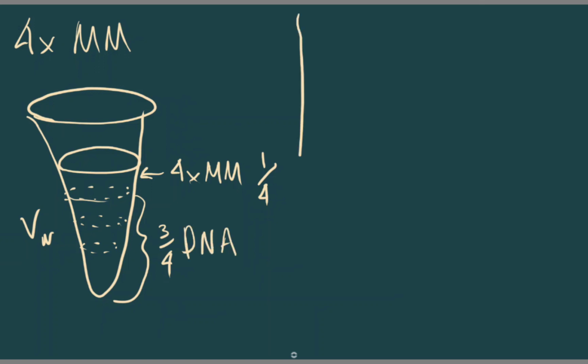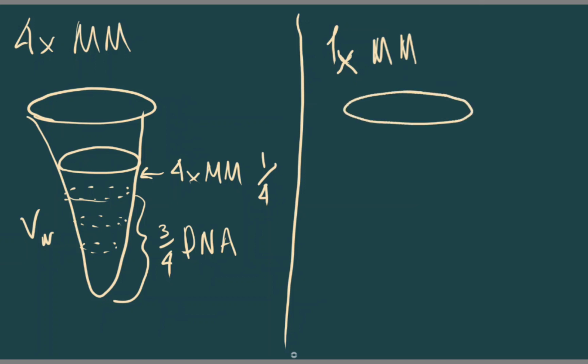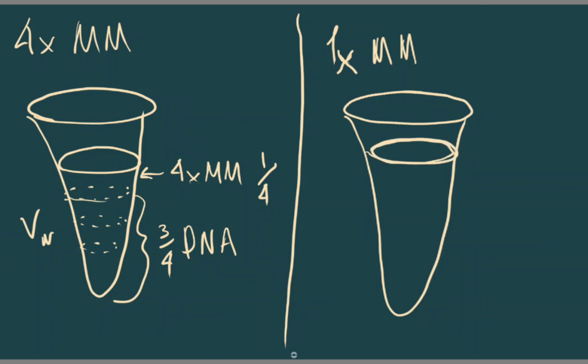The last condition was 1x master mix, and to find it you take the whole volume of your master mix. So where is the DNA?